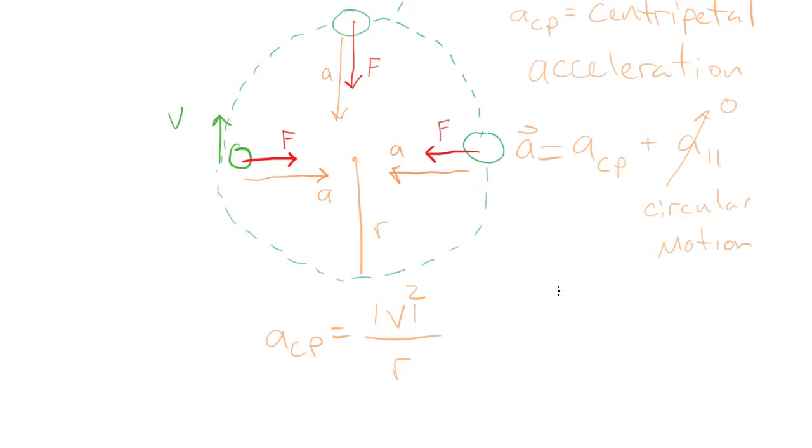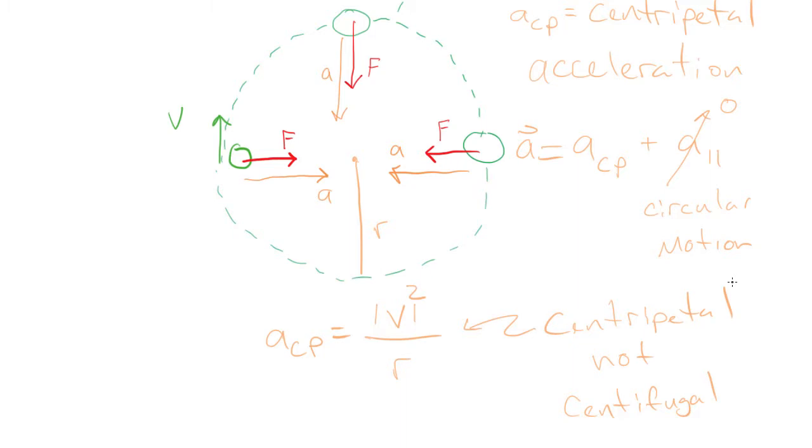Now before we go off and do some examples, I just want to point out that I said centripetal, not centrifugal. Who's heard of centrifugal force? Most people hear of centrifugal force because when you're in a car and you turn, you feel this centrifugal force that's trying to spit you out the side.